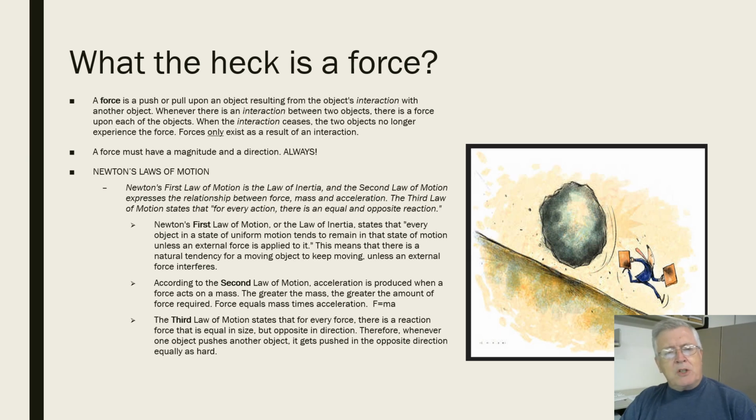So Newton's first law of motion, or the law of inertia, states that every object in a state of uniform motion tends to remain in that state of motion unless an external force is applied to it. This means that there's a natural tendency for a moving object to keep moving unless an external force interferes.